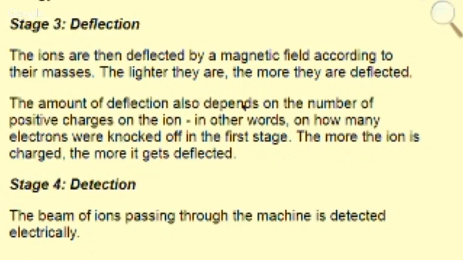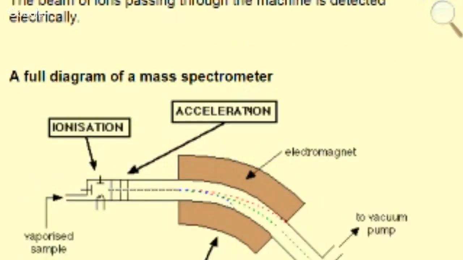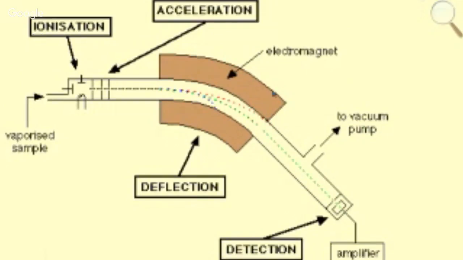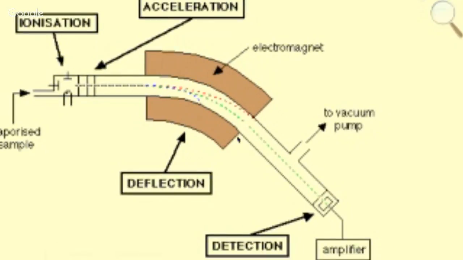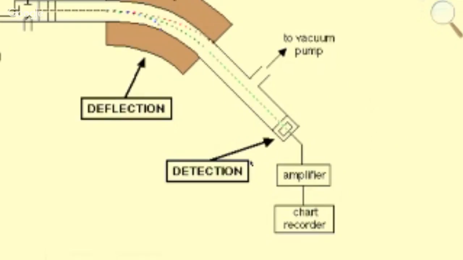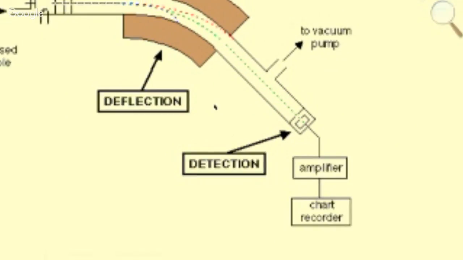In other words, on how many electrons were knocked off in the first stage. The more charged the ion, the more it gets deflected. So here's a little diagram. Acceleration, deflection, vacuum pump, chart recorder, amplifier.